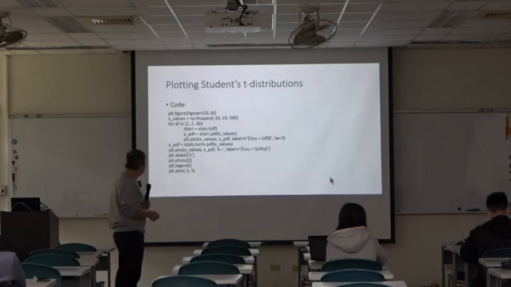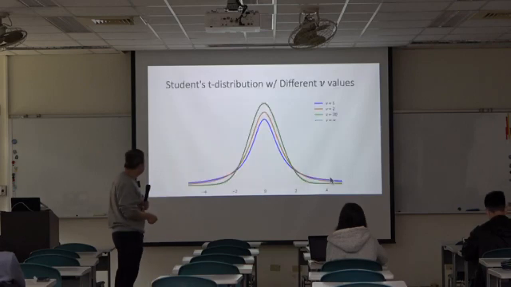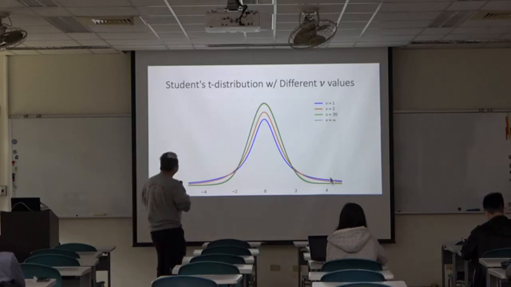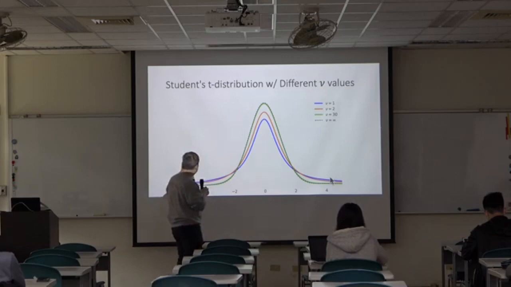And it draws three Student t-distributions along with the normal distribution. You can see the dotted line is the normal distribution where v is infinite.